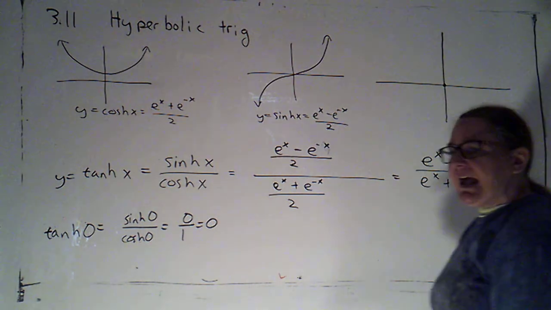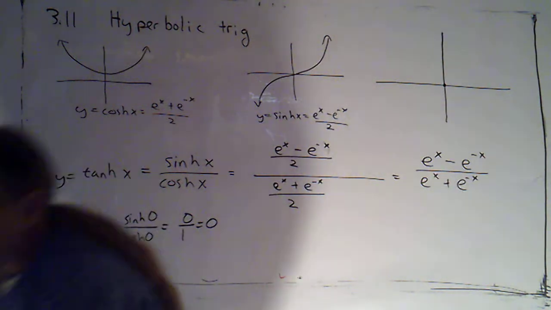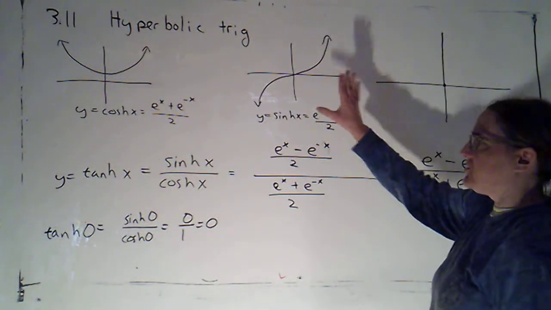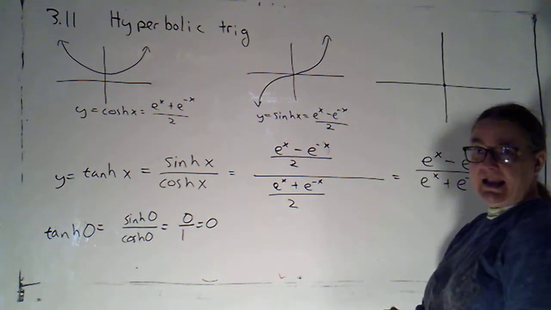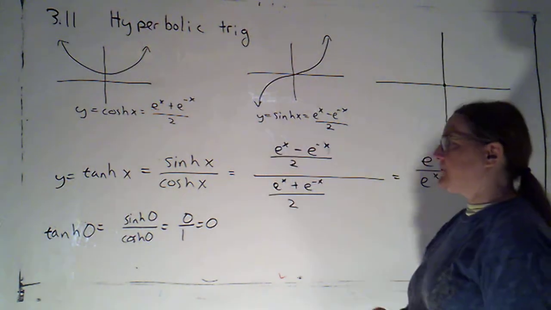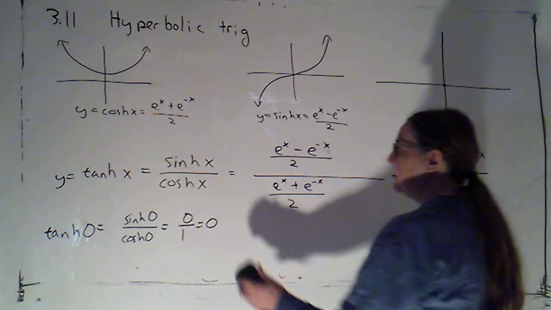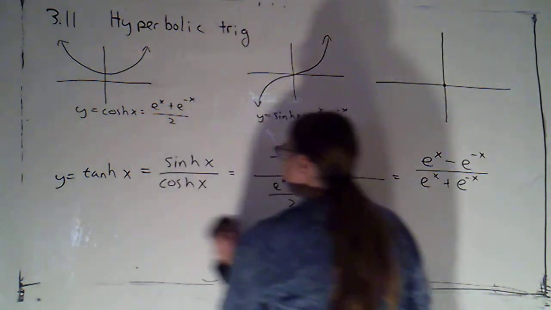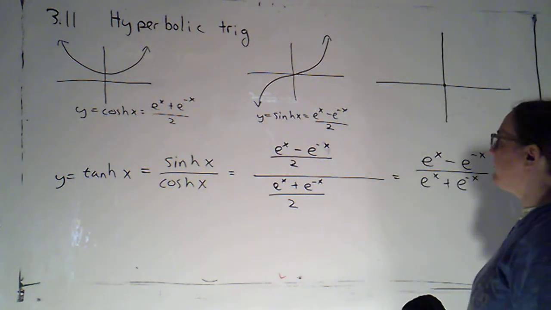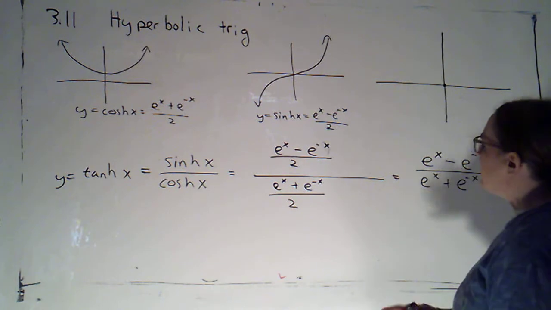Okay, now I want to take a look at the end behavior of this. Both cosh and sinh go off to either infinity or negative infinity. So simply knowing where they're going isn't particularly helpful because I'm going to get an indeterminate form of the type either infinity over infinity or infinity over negative infinity. I'm going to work with this.